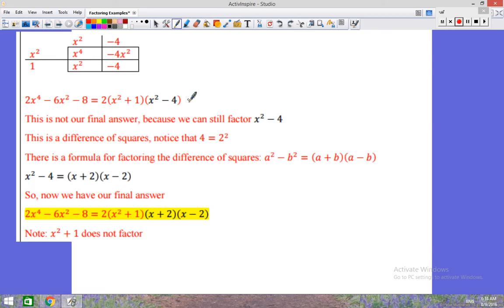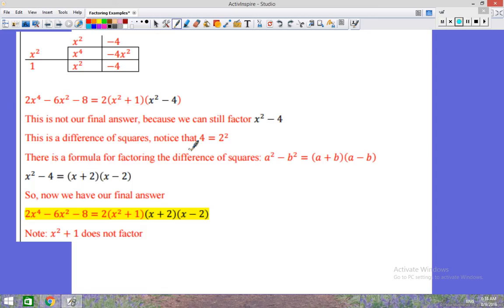Well, you might be tempted to stop right there and you get an incorrect answer because it asks us to factor it, but it also wants us to factor it completely. This x squared minus 4 is a difference of perfect squares. The base x is being squared, this base of 2 is being squared. So if we're familiar with our formula, that a squared minus b squared is a plus b times a minus b, we can recognize that this x squared minus 4 factors to x plus 2 times x minus 2.